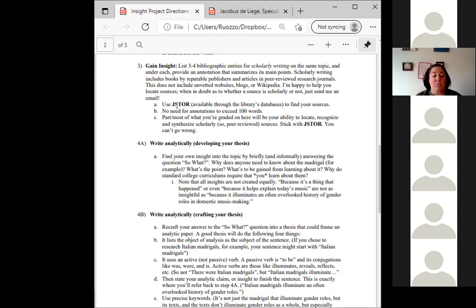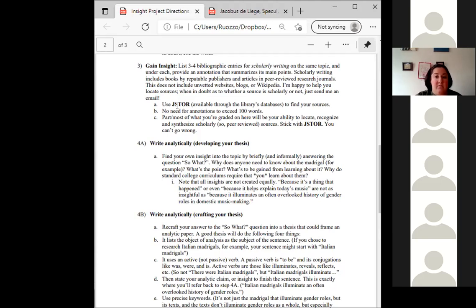So you go there, you type in your topic, and it will provide you a beautiful list of countless articles that have to do with what you want to learn about. So then you need to sift through that list and pick out the 3 to 4 that are most useful to you.